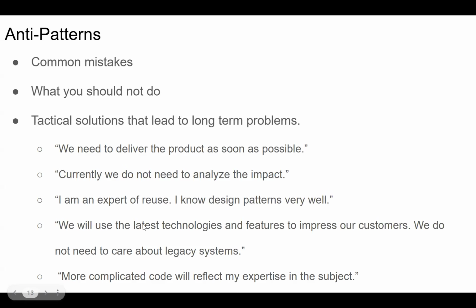Anti-patterns. We have patterns and we have anti-patterns. What we should not do. Common mistakes that we should avoid, and there are tactical solutions. Sometimes with the time pressure, you tend to do tactical solutions.